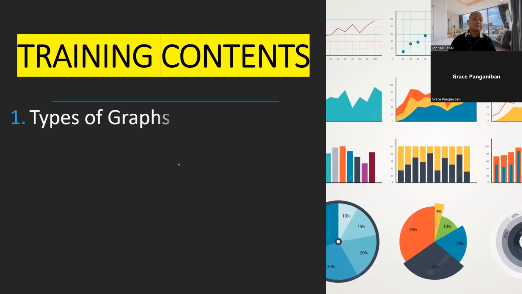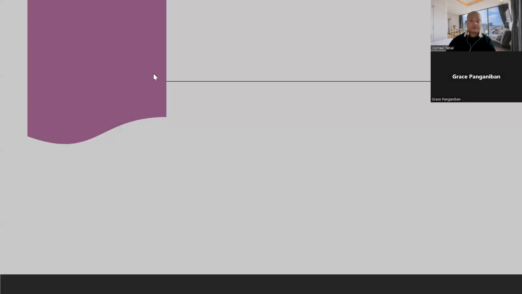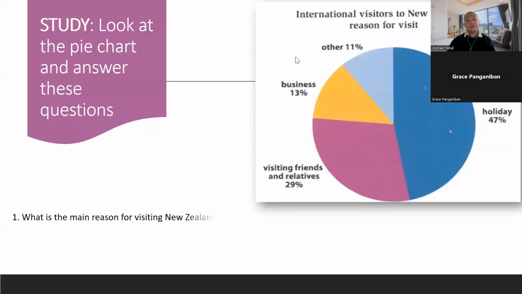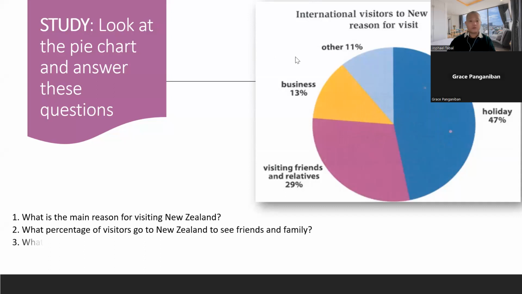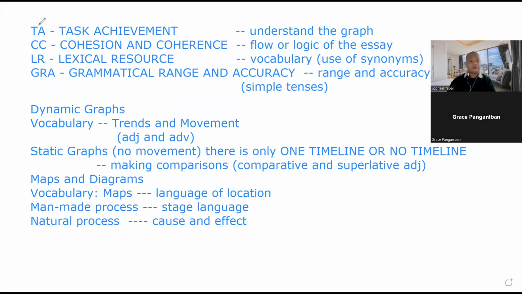Now, moving on. Next is understand the graph. This is the very first criterion for writing task 1. If we go back earlier, we are graded in 4 criteria, and we have task achievement, or in other words, understand the graph.